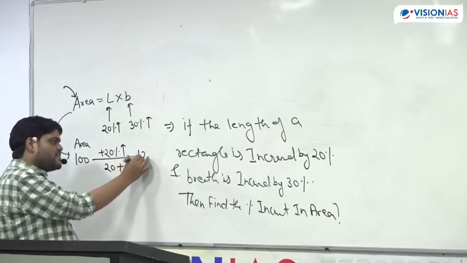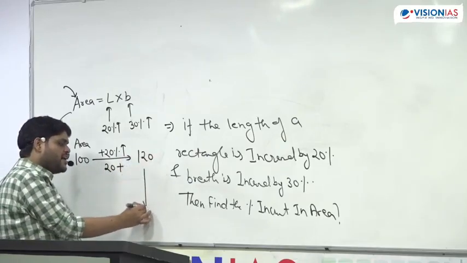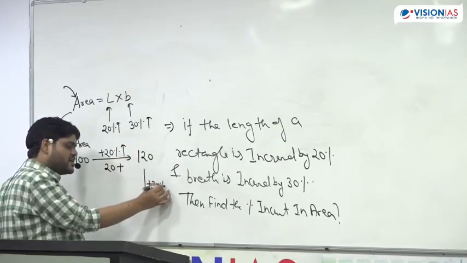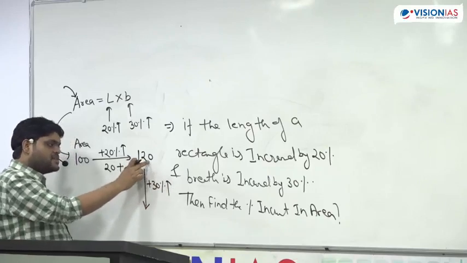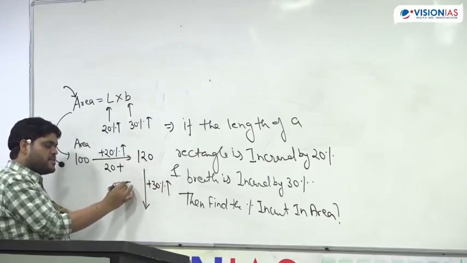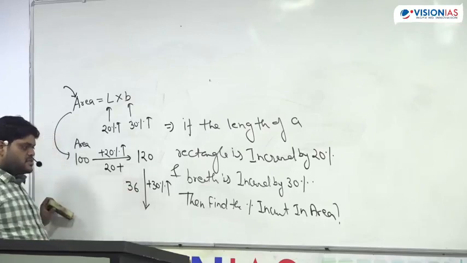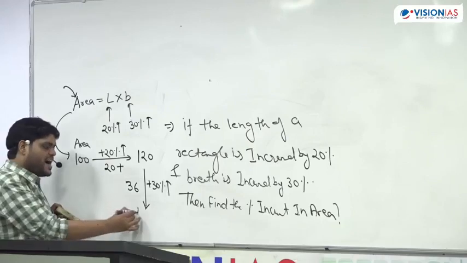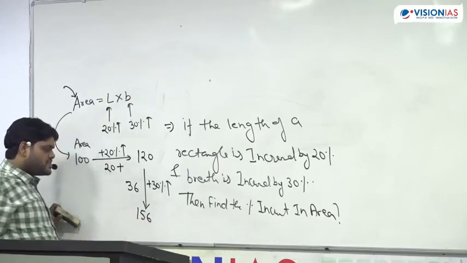Now the area becomes 120. Now whatever value comes, increase that by 30%. 10% of this number is 12, so 30% of this number is 36. If you add, this becomes 156.